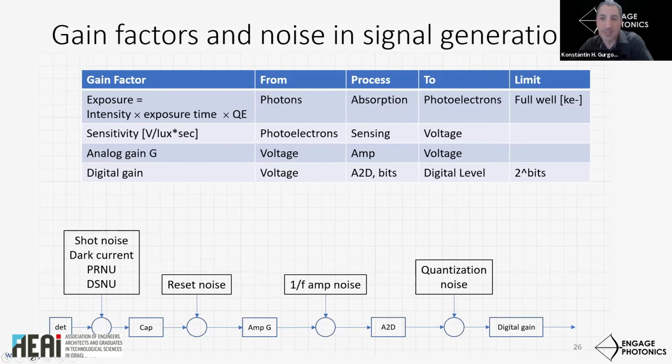The signal is converted into voltage, and after analog gain, it is digitized. So a pixel can saturate due to a number of reasons. It can reach the maximum number of electrons, the maximal voltage value, or the maximal digital level.